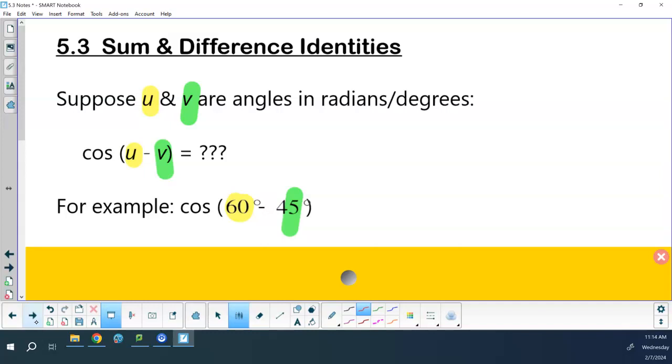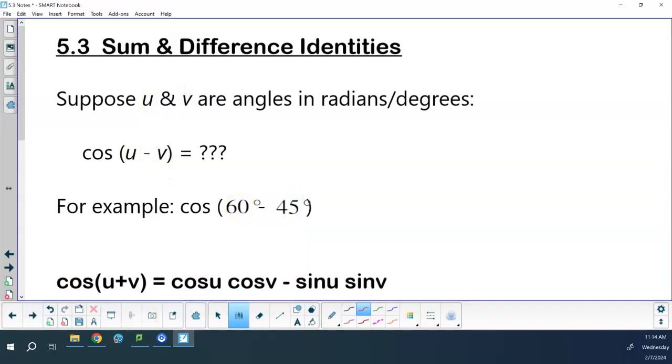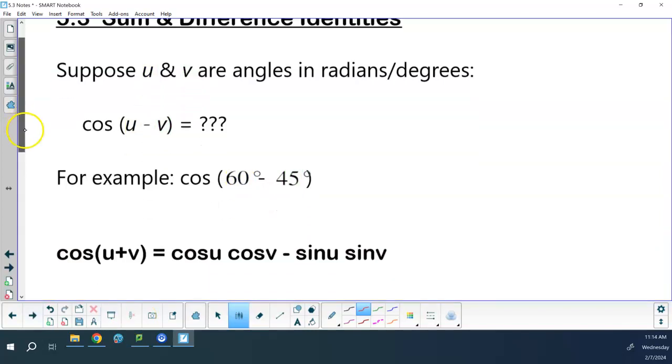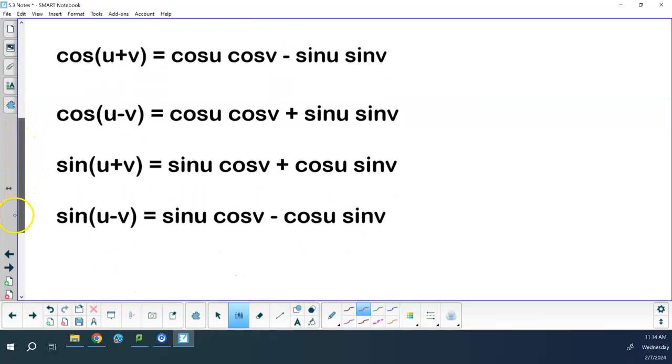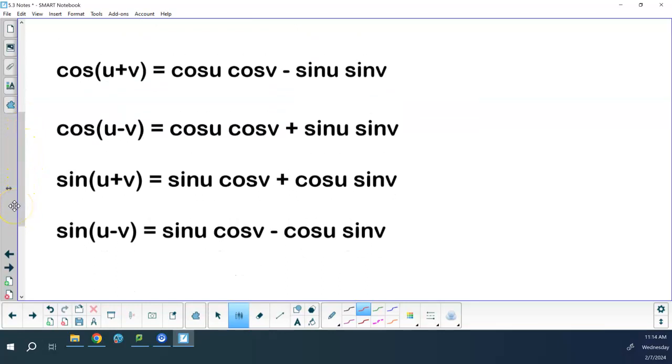I'm not a fan of these highlights. Okay? So these together make, I think these two together make number 18 on your sheet, but it's written a little different way, so I want to explain the difference.